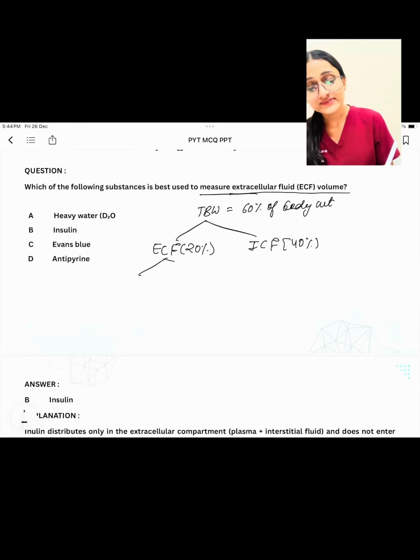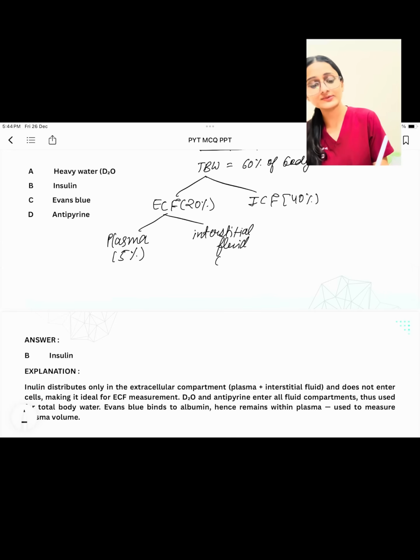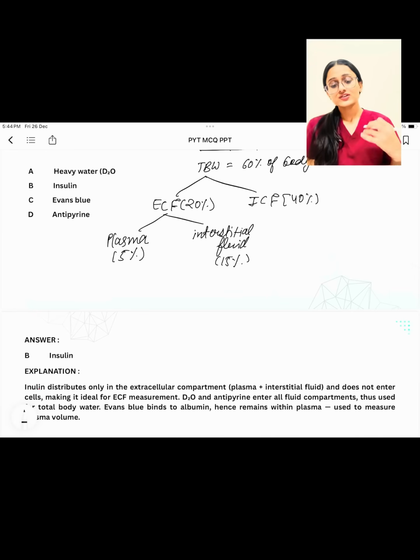Okay, so this ECF is basically made up of plasma and interstitial fluid. So this is 20%. How is this 20%? Plasma is 5% and interstitial fluid is 15%. Okay, so that's how our ECF is made.